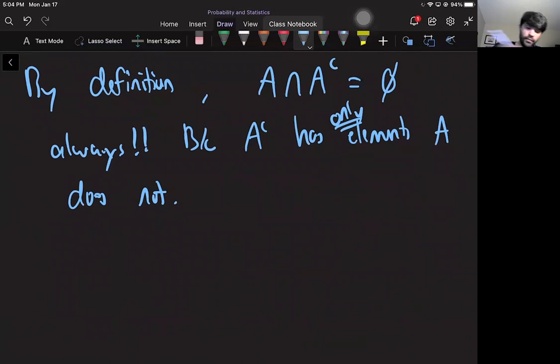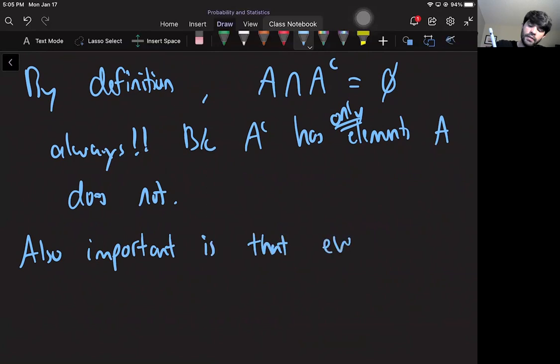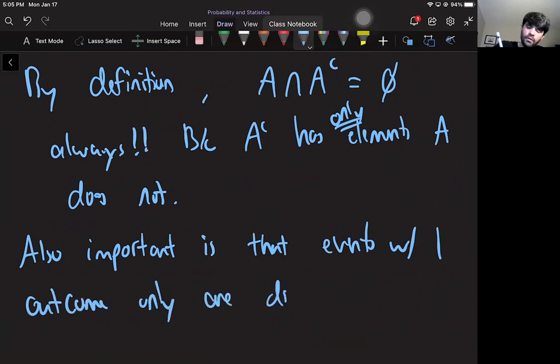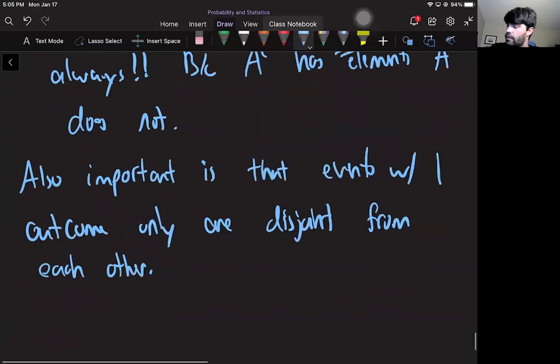Another important situation that'll come up when we talk about probability is that events with one outcome only are disjoint from each other. This will always be true.